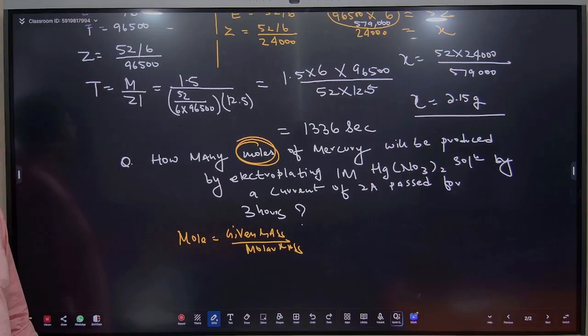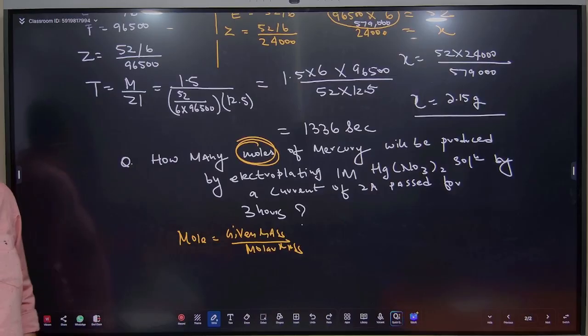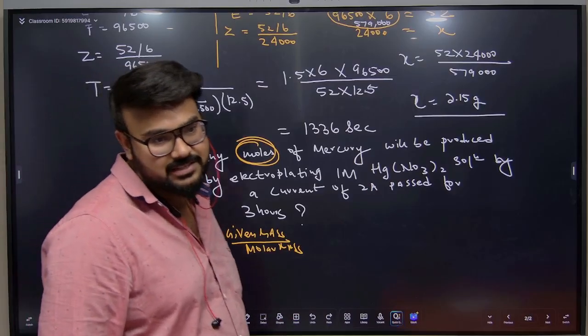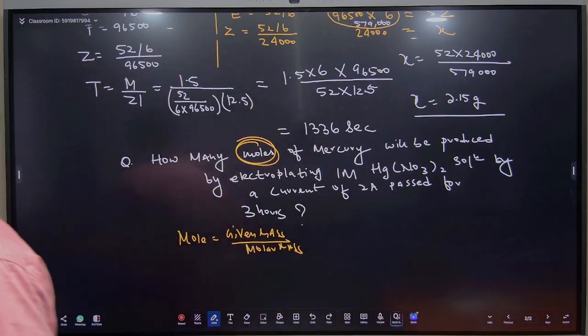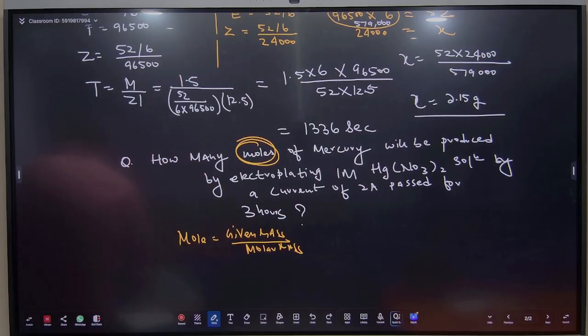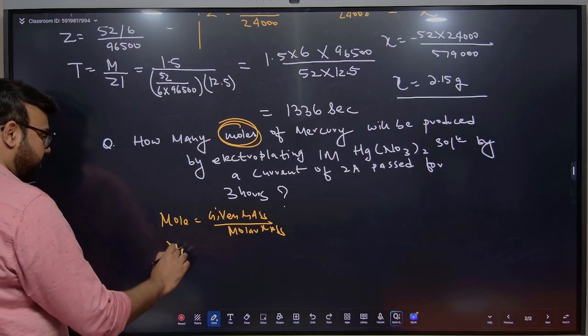First of all, tell me 3 hours will have how many seconds? Convert this. Each hour has 60 minutes and each minute has 60 seconds. So 3 hours into 60 minutes into 60 seconds. That's right, 3 into 60 into 60. And obviously you need the mass of mercury.